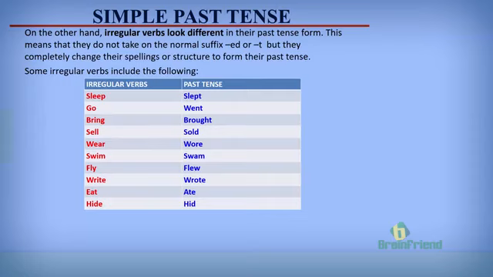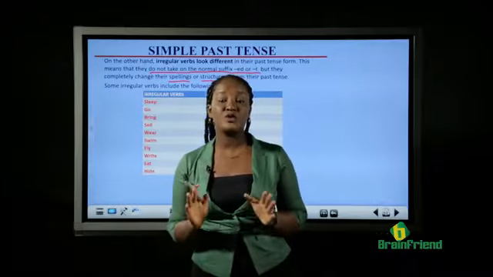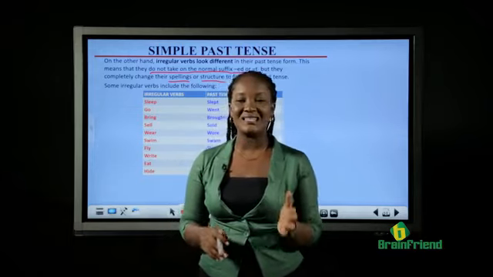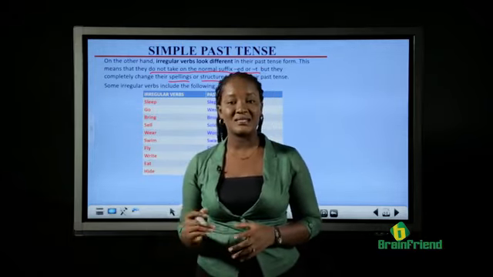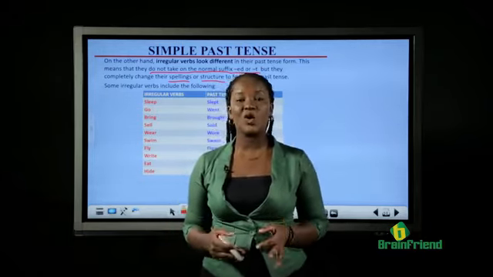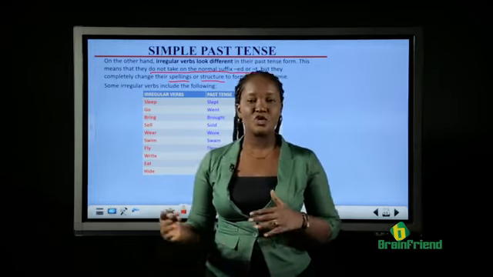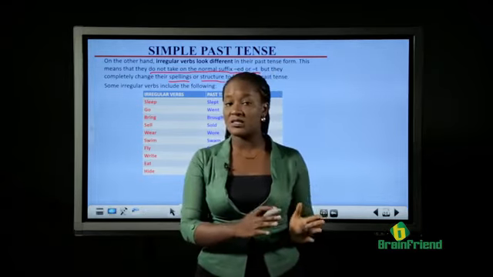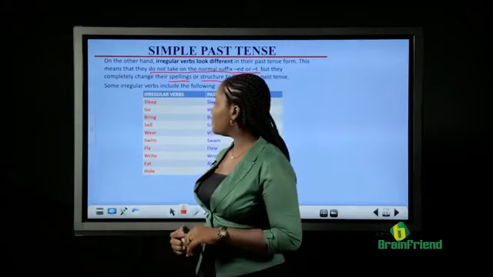They do not take on the normal suffix ed or t, but they completely change their spellings or structure to form their past tense. So irregular verbs are just the opposites of regular verbs.